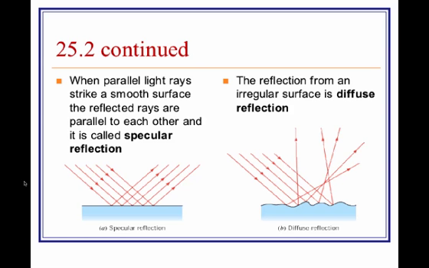So the normal at the point where the light is being reflected off can be different. It may not necessarily be straight up. It could be off at an angle. But you'll get some reflection off at an angle that is equal to the incident angle with respect to the normal. So the normal can change on an irregular surface.